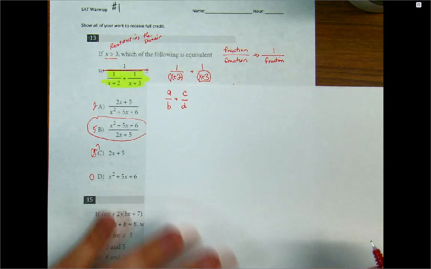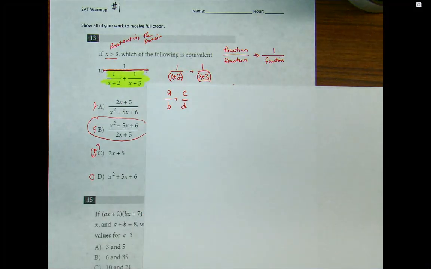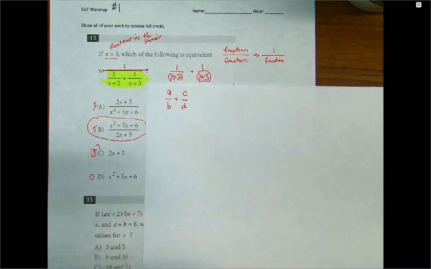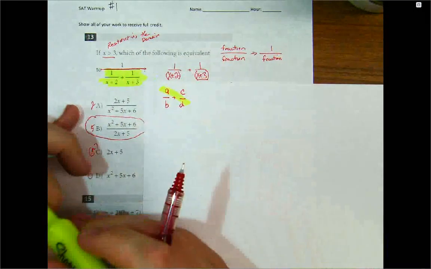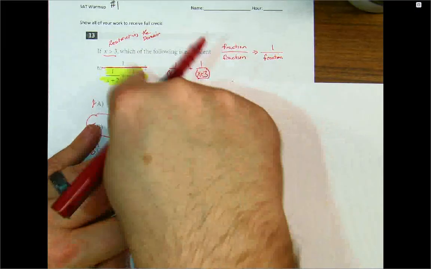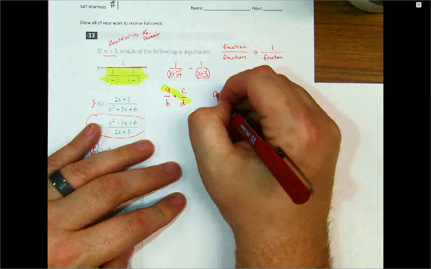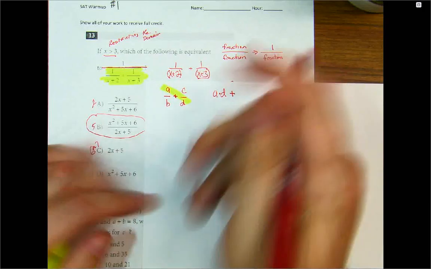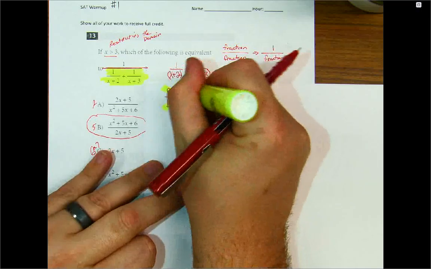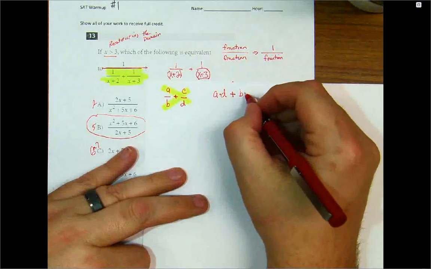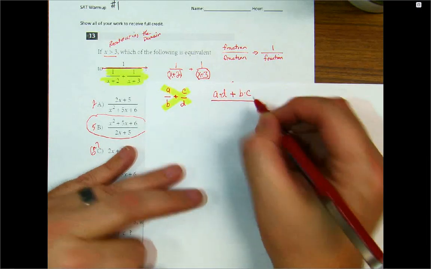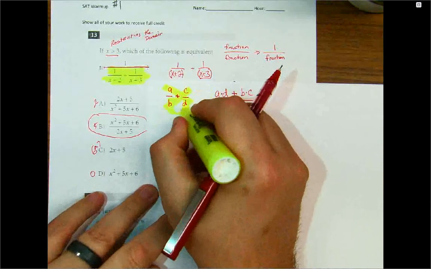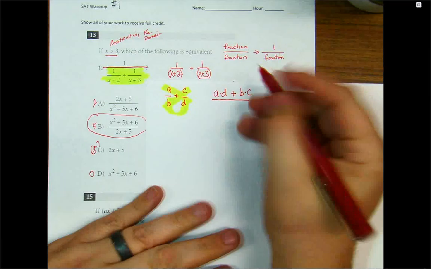If you're going to add these two fractions together, what you do is you multiply down, like diagonally, and you're going to get A times D. And then since this is plus, this will be a plus. And then I'm going to multiply B times C. So B times C all over, you multiply the two bottom parts together. B times D.